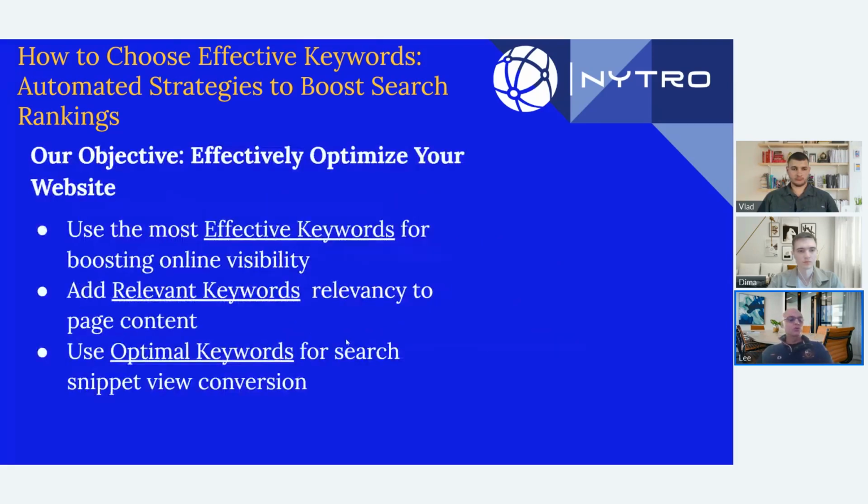So in order to choose keywords, we would like to choose effective keywords, relevant keywords, and keywords that would be optimal in their presence and placement inside the search snippet view. This is our objective, and this is what we'll try to achieve.